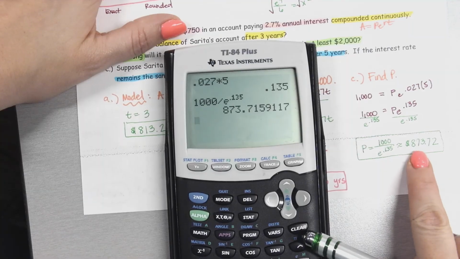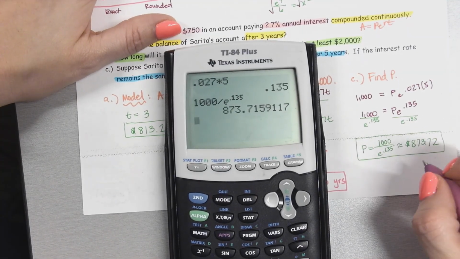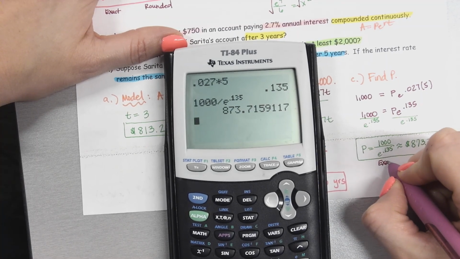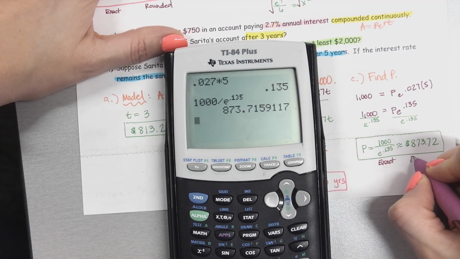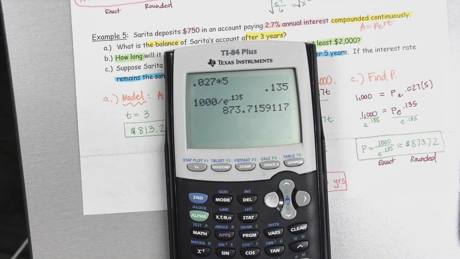Okay, so she would have to invest at least this much. At least $873.72. Okay, this is your exact value. This is your rounded value. Yep. All right, next work.